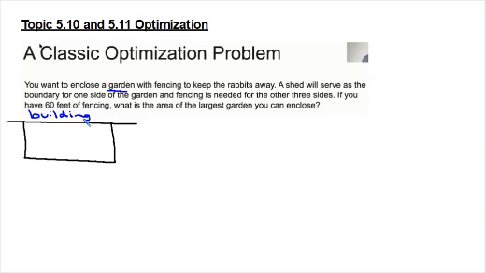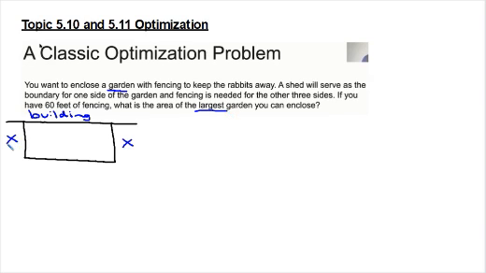Largest points to what that we've been studying? Some type of maximum, right? So if I call the width x, and it doesn't really matter which way we do this, then this over here is x.